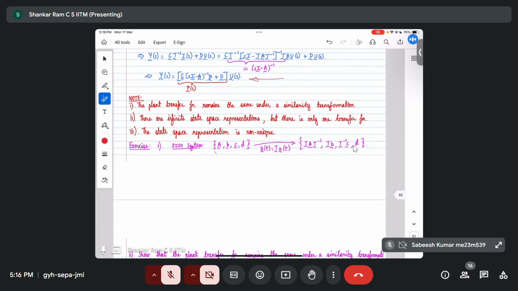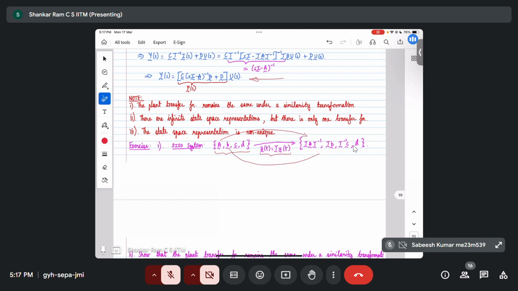Now if we consider a SISO realization and we use z of t equals T times x of t, please follow a similar process. This is not a homework, this is just an exercise for us to learn better. The state matrix A gets changed to TAT inverse.